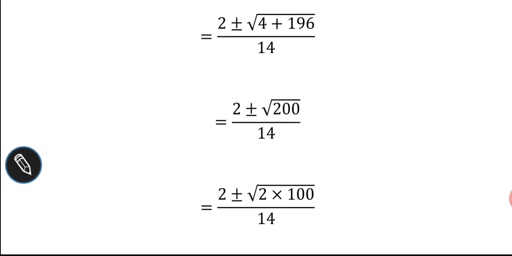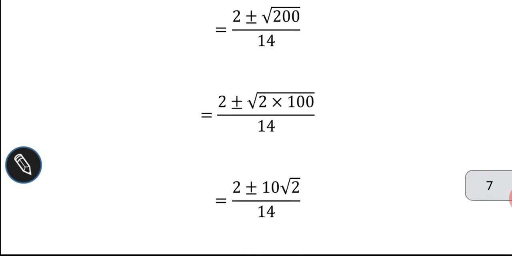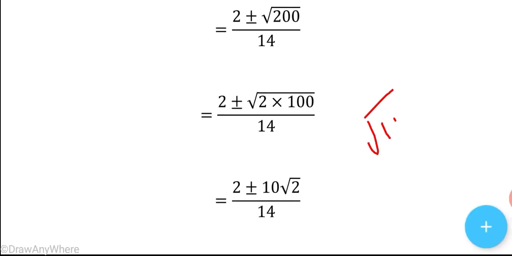Okay, is equal to 2 plus or minus, 200 can be written as 2 into 100, the whole divided by 14. Okay, we know that root 100 is 10. So 2 plus or minus the value of root 100 becomes 10, and root 2, 10 root 2.